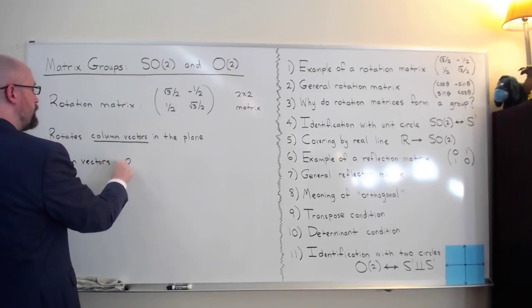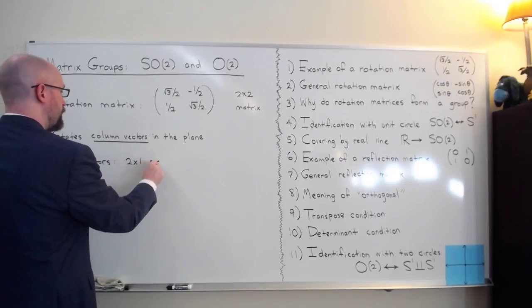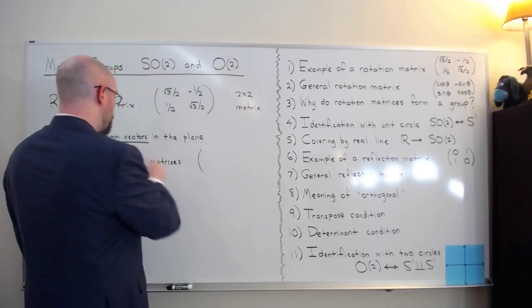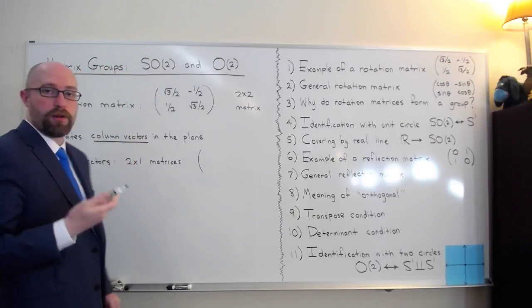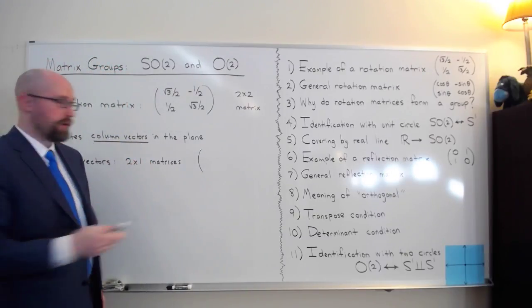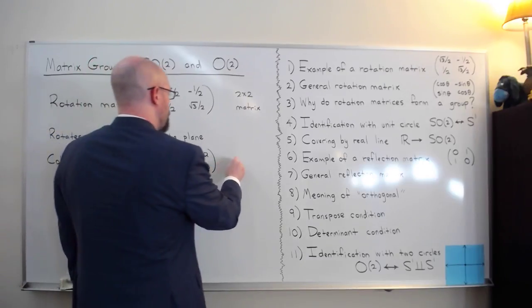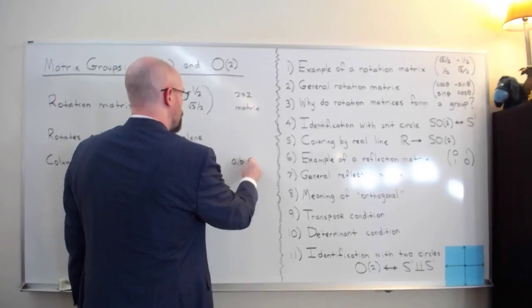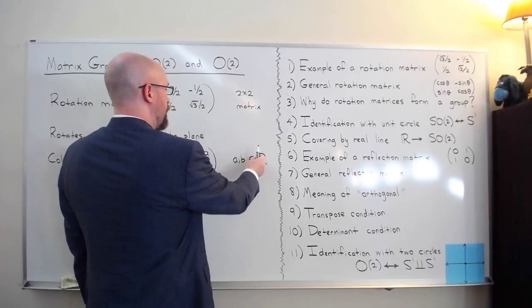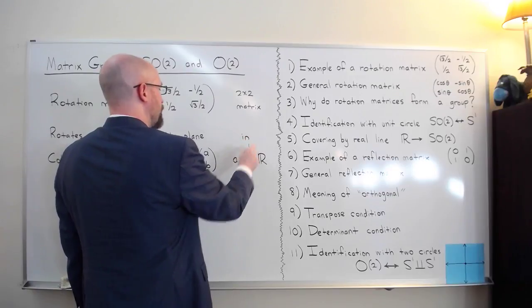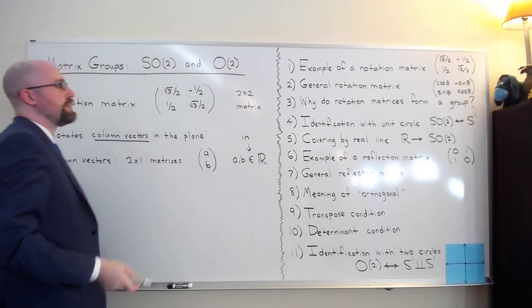These are 2 by 1 matrices, and so they look like this. So remember that the first number is the number of rows, the second number is the number of columns. So you'll have some A and some B here, and here A and B are real numbers. You remember this symbol means is an element of, so this means that A and B are in the real numbers here.